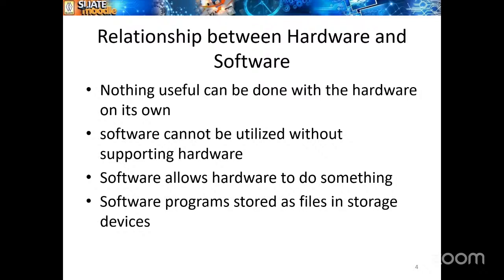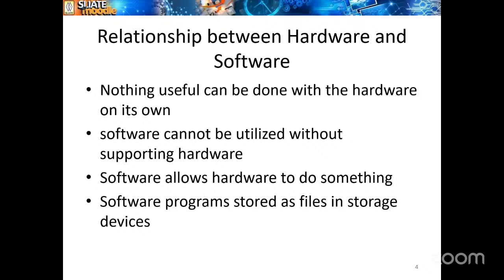After that, the software allows hardware to do something. It means we have some software. We are programming. We are creating one programming code for a calculator. It means it is a software application.